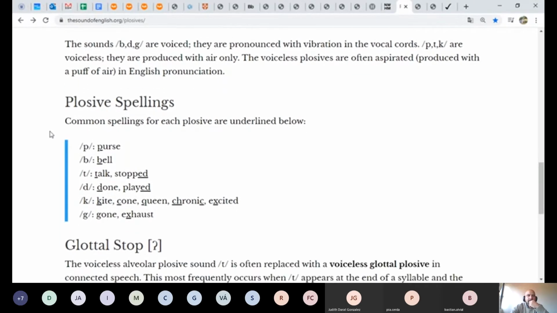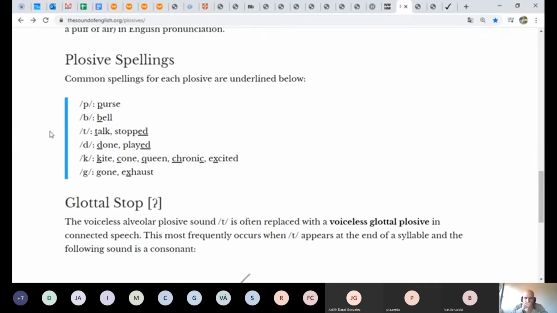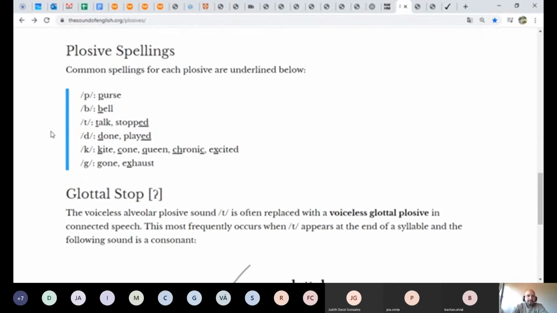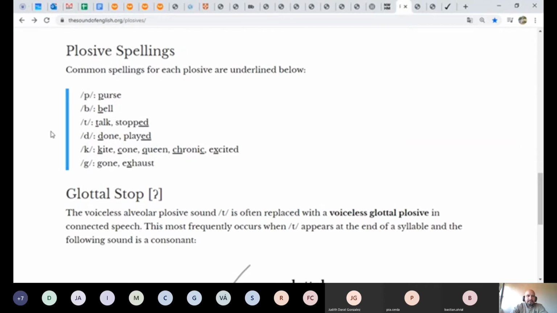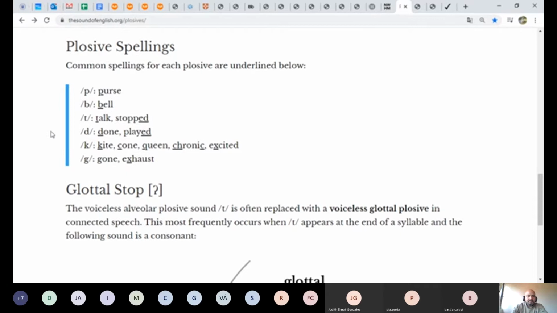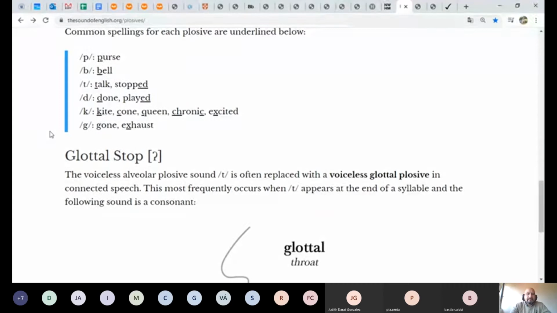Plosive spellings. Common spellings for each plosive are underlined below. P: purse; b: bell; t: talk, stopped; d: done, played; k: kite, cone, queen, chronic, excited; g: gone, exhaust.